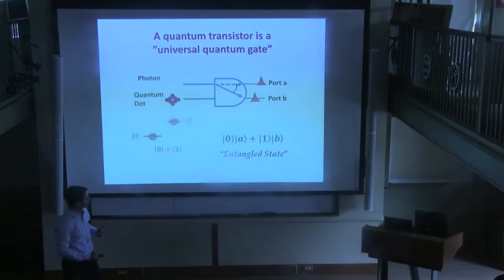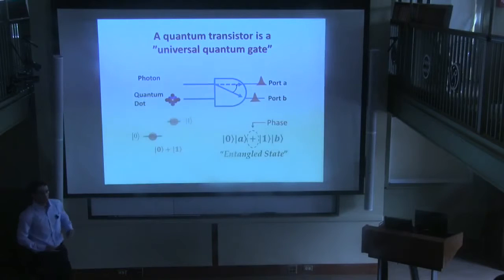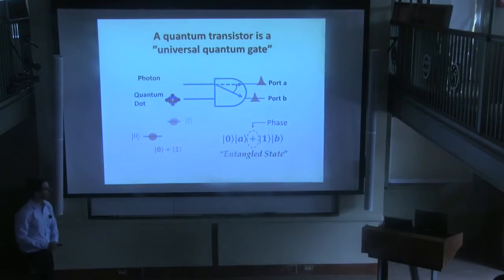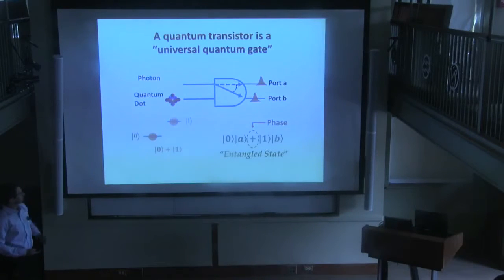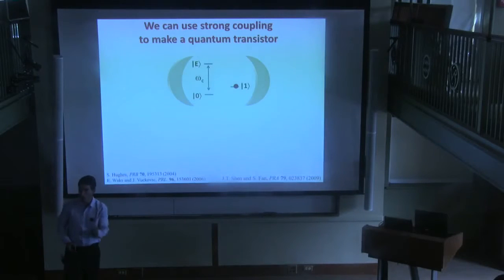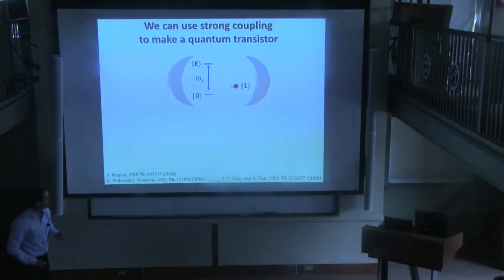And the crucial distinction between the regular classical transistors in our computer and what this thing does is this phase preservation. That's the crucial part of the system that we have to maintain in order for this to be a quantum device. And the important point is that the strong coupling regime allows you to precisely implement this transistor action.